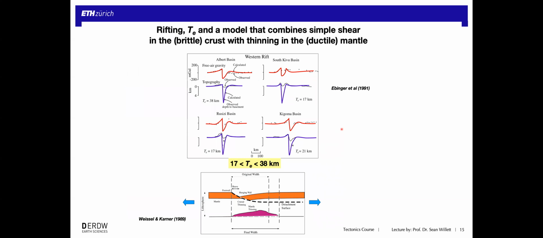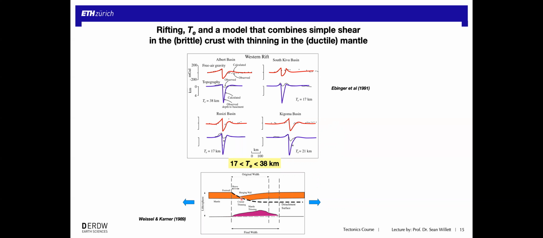So if we look at some other examples and look at the gravity, which remember kind of removes the effect of the sediment fill, because this is a Rift Valley, let's look down here. This is a valley. This is going to be full of sediments, and by looking at the gravity we can see through and see where the basement really is.